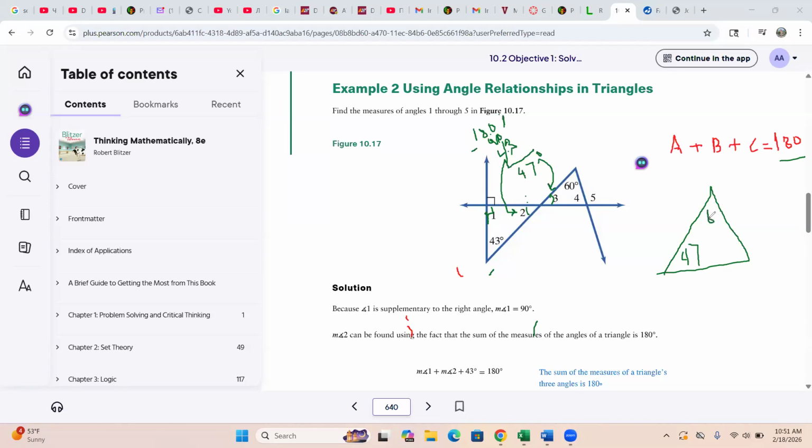They gave it to us, it's on the top. And again, now I'm using the new fact, the sum of all three angles is equal to 180. So to get the last angle in this little triangle, I need to take away this 60 as well as 47 from my 180.